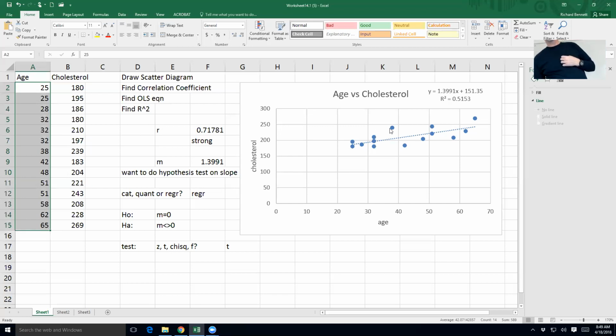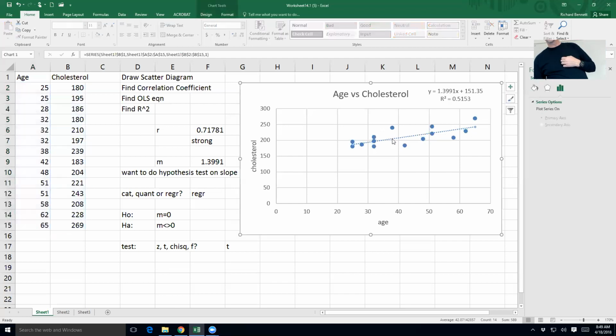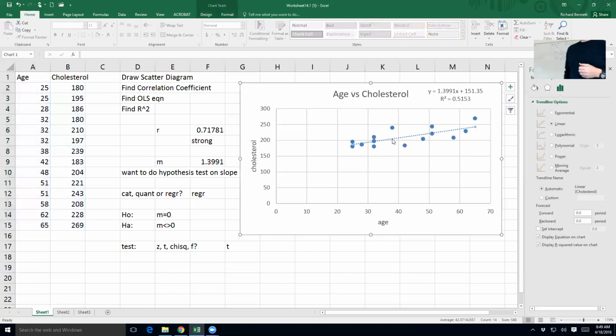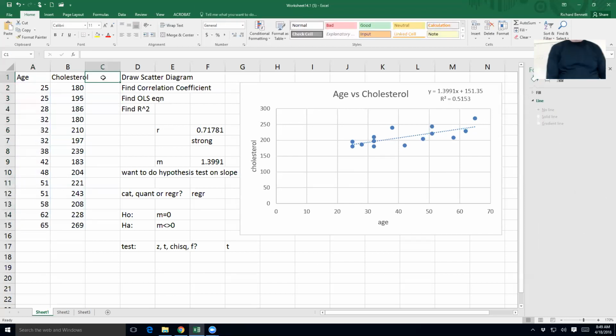If I look at this point right here, it's the distance between this point and the line, right? Everything we're doing here is a review, except for some new equations. We're going to have to figure out the predicted value for each one of those, and then figure out the residual.